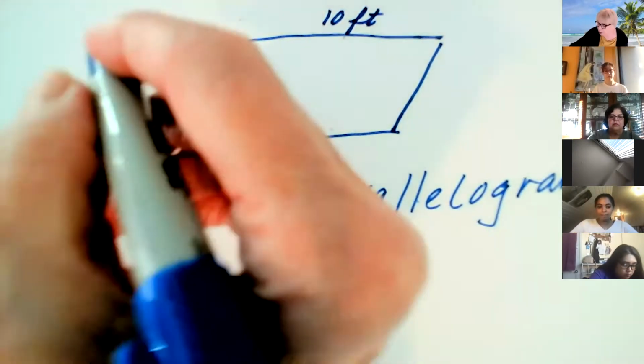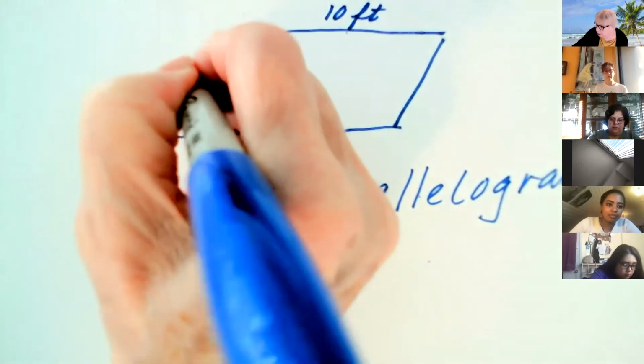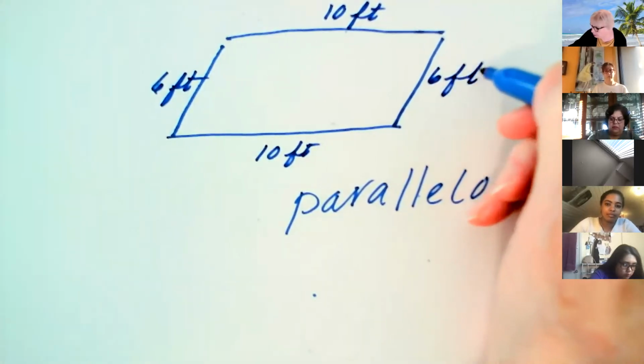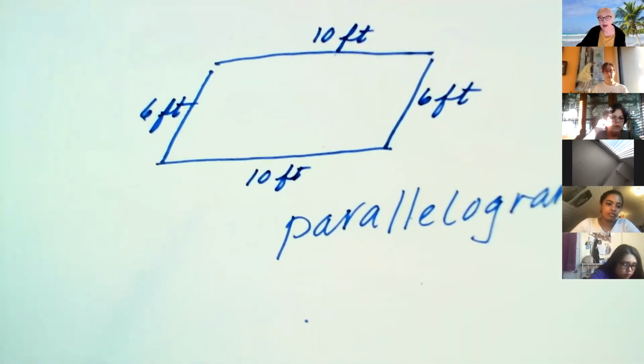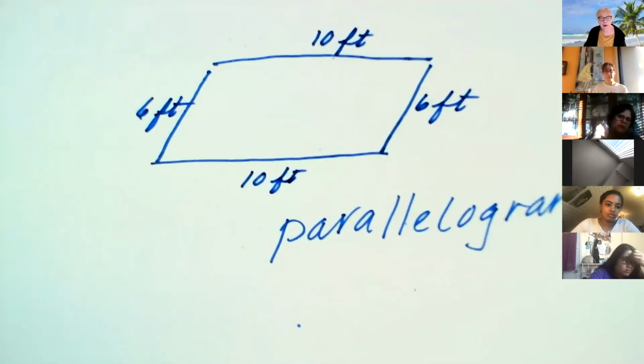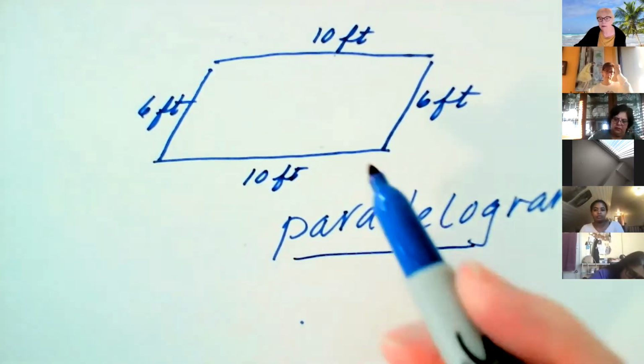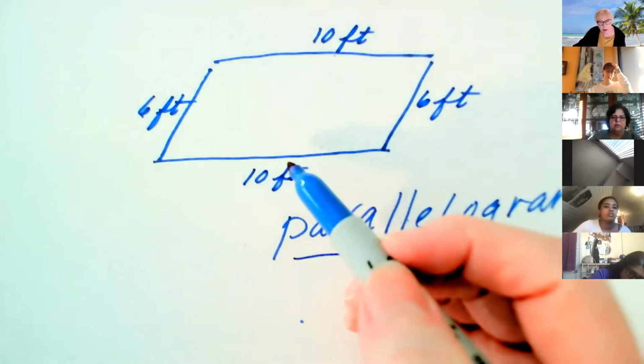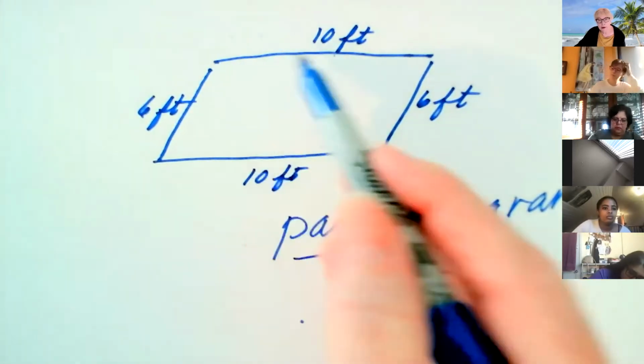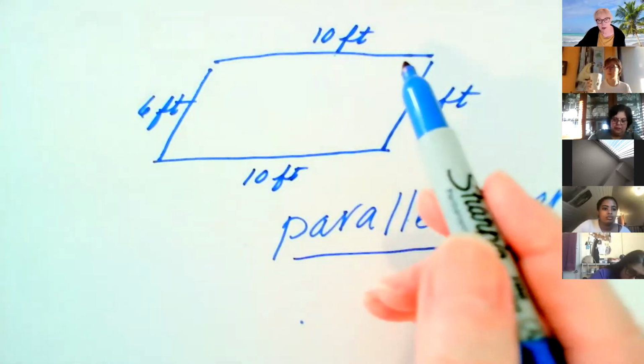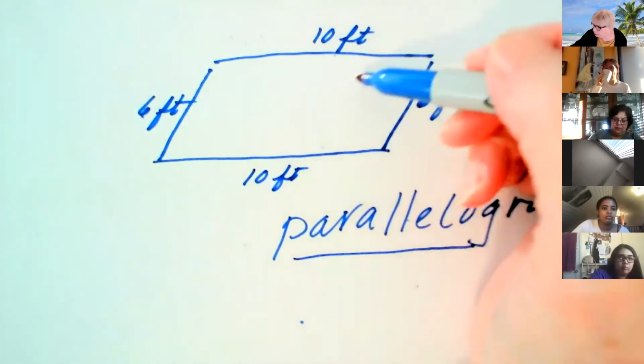Now I'm going to change the numbers. If this was 6 feet, then this would be 6 feet. Now that's what you get when you have a parallelogram. It's a rectangle that got tipped. And it gets its name because the opposite sides are parallel. So that's like railroad tracks. They're equal distance apart every place.